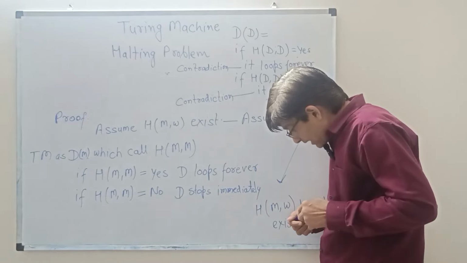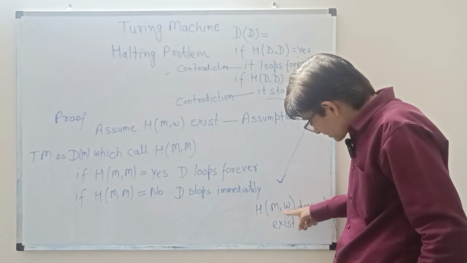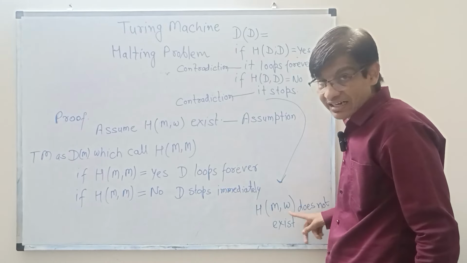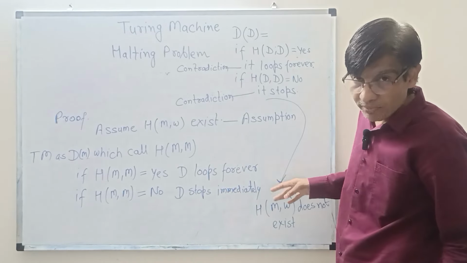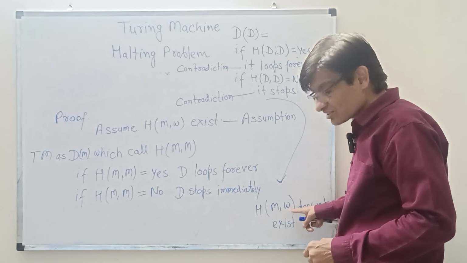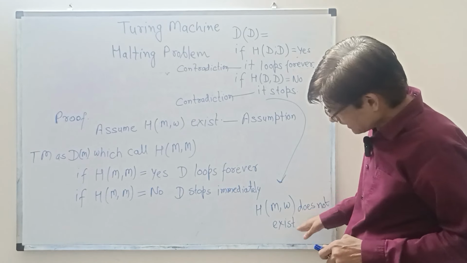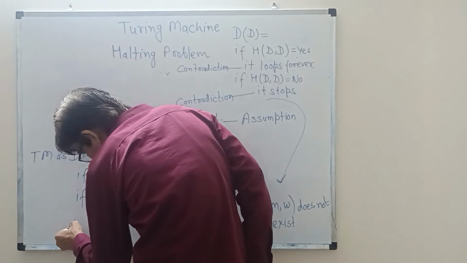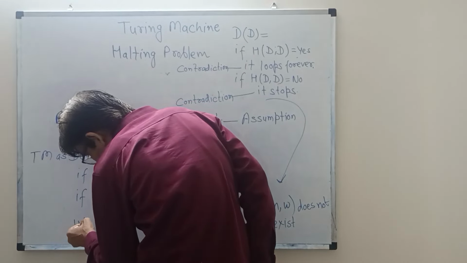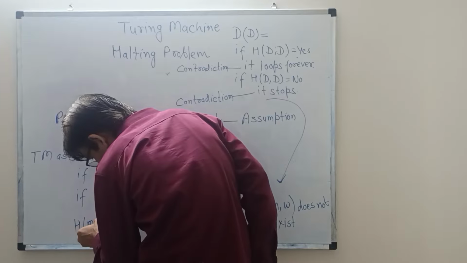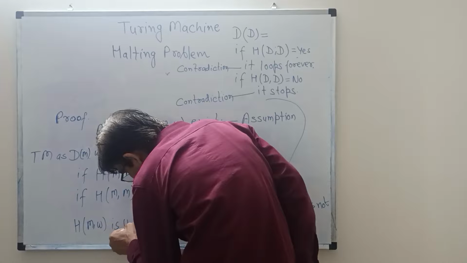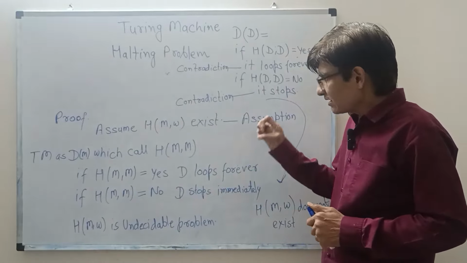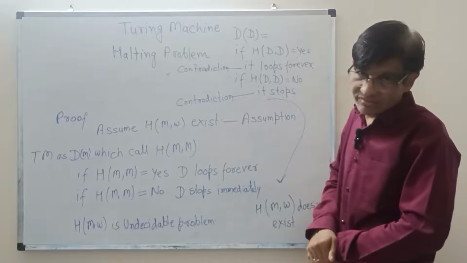Now, if this does not exist, it means it is not a decidable problem, and if it is not decidable, then it is an undecidable problem. So hence we have proved that the halting problem is undecidable.